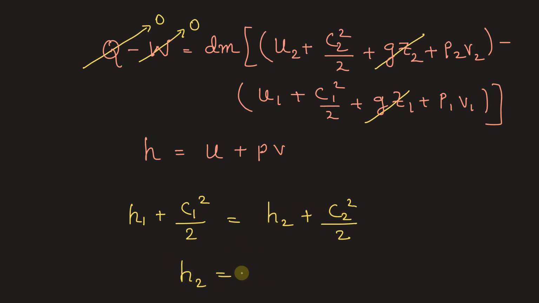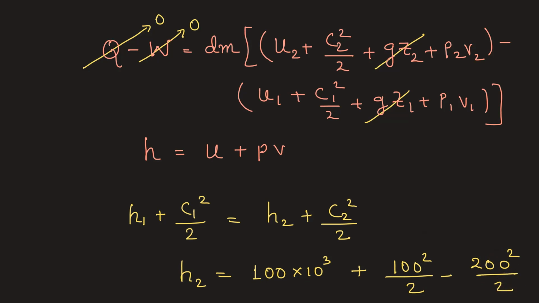This will be equal to H1, that is enthalpy at the entry, which is 100 kilojoule per kilogram. So let's write in joules: 100 into 10 to the power of 3 joule per kilogram plus C1 square by 2, C1 is 100 square divided by 2, minus C2 square by 2, and C2 in the problem is 200, exit velocity is 200 square by 2.